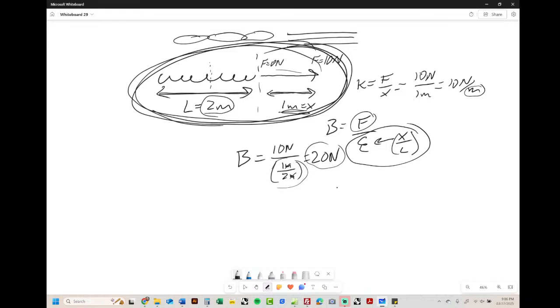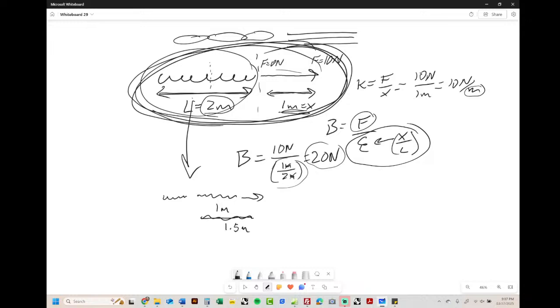So if I use the example I did before, where I take this and I break it into these little segments right here, and I imagine this segment, I stretch it from 1 meter to 1.5 meters like I was talking about.